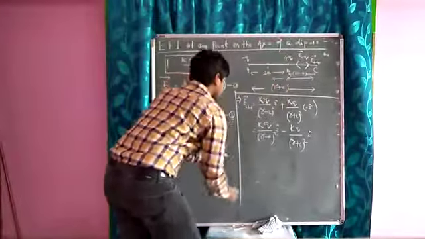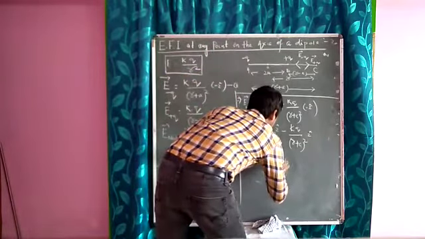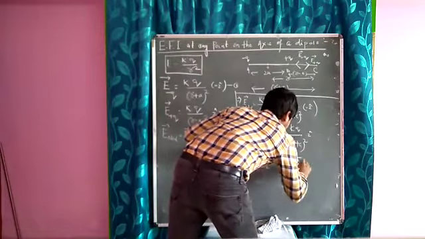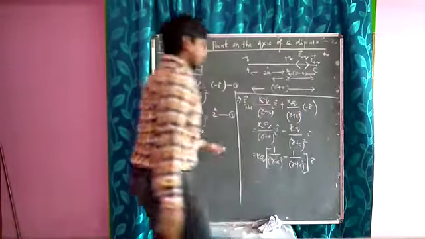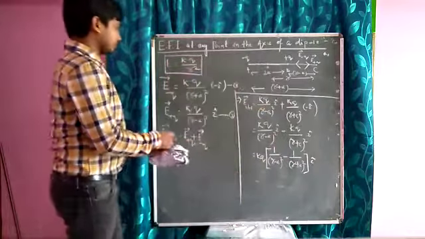Then I can write that will be equal to KQ whole into 1 by R minus A whole square minus 1 by R plus A whole square into I cap. Is it clear? By taking KQ and I cap common, I can write 1 by R minus A whole square minus 1 by R plus A whole square I cap.